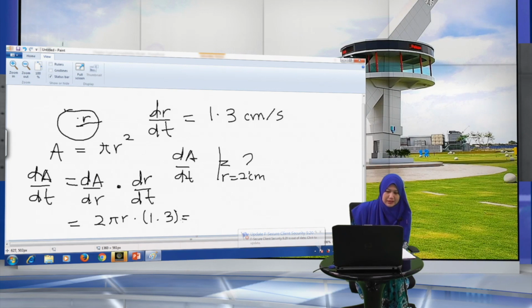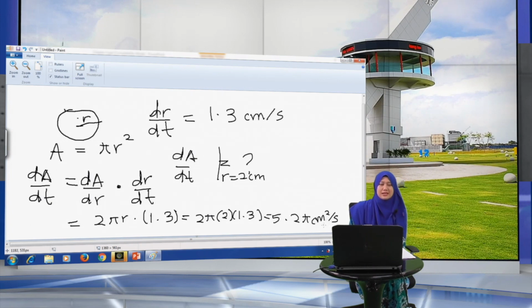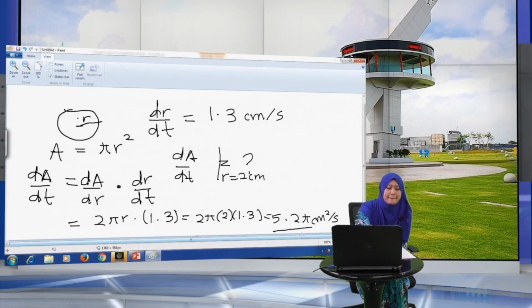So we compute this and insert r equal to 2. So 2 pi multiplied with 2 multiplied with 1.3, and you will get 5.2 pi centimeter square per second. So the answer is 5.2 pi centimeter square per second. The area of the circle is increasing at this rate. Okay, that's for example 1.